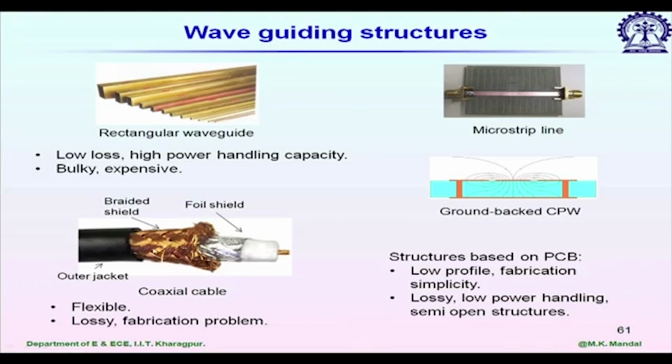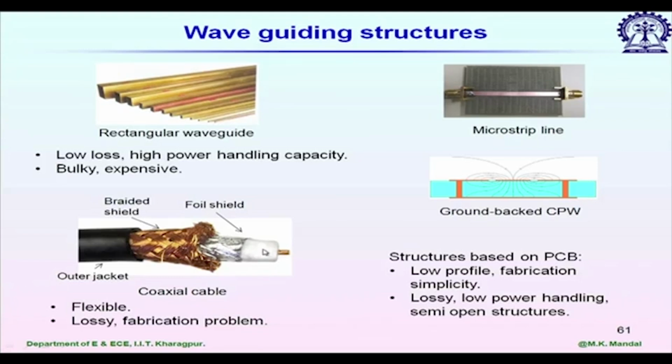The second example is the coaxial cable. As you can see, it has one central conductor made of metal and one outer conductor. Usually we use a braided shield, and this is the outer jacket. So, the electromagnetic wave propagates through the dielectric layer, which is shown in white here, and which sits in between the inner and outer conductor.